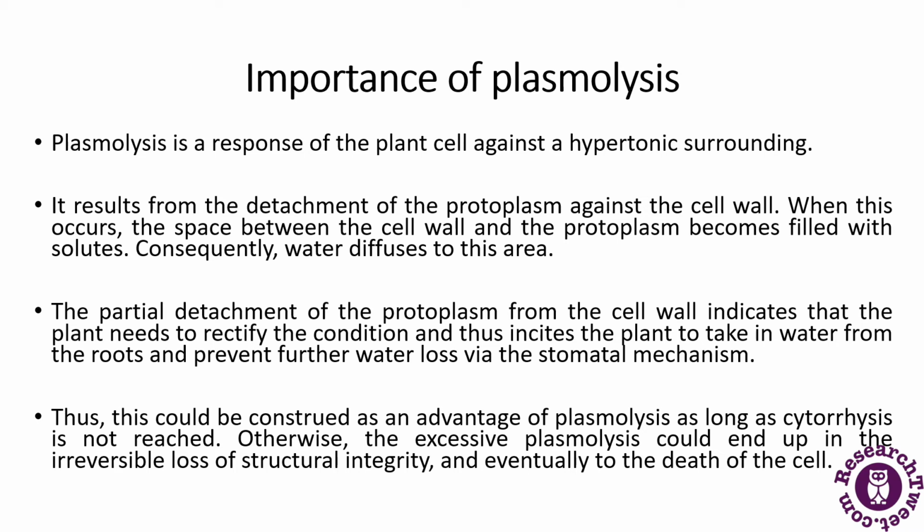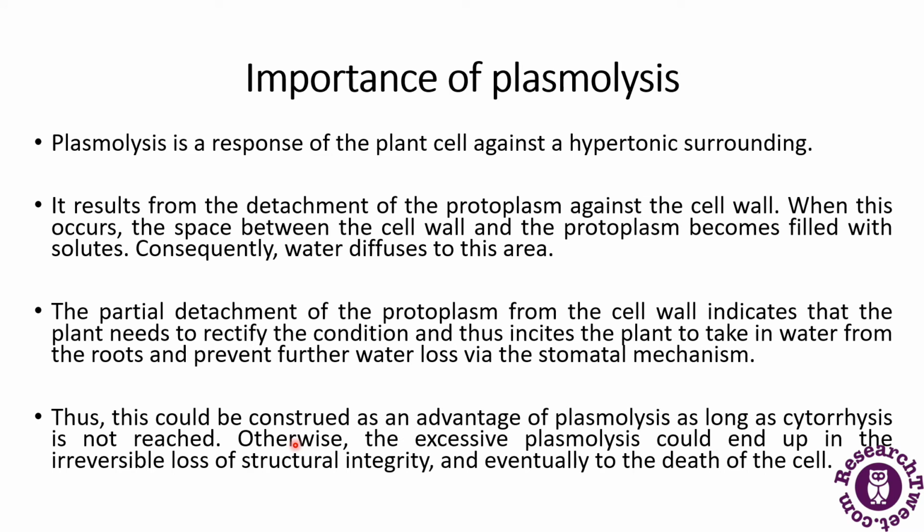When this occurs, the space between the cell wall and the protoplasm becomes filled with solutes, and consequently water diffuses to this area. The partial detachment of the protoplasm from the cell wall indicates that the plant needs to rectify the condition, and it thus incites the plant to take in water from the roots and prevent water loss via the stomatal mechanism. So this is the importance of plasmolysis.